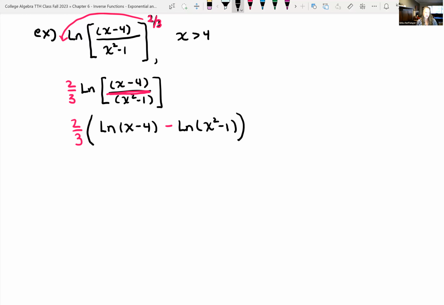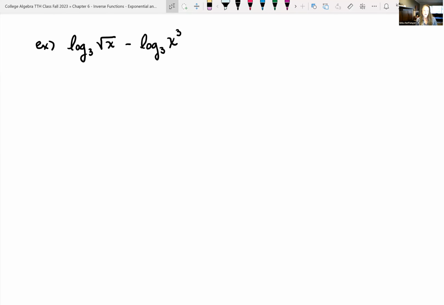So let's go and look at an example where we're going the opposite direction. So we're given a sum or difference of logs, and we want to rewrite it as a single logarithmic function or expression. So going in the opposite direction, in this example, we have log base 3 of the square root of x minus log base 3 of x cubed. So having that minus in between our two logarithms, make sure that the bases are the same.